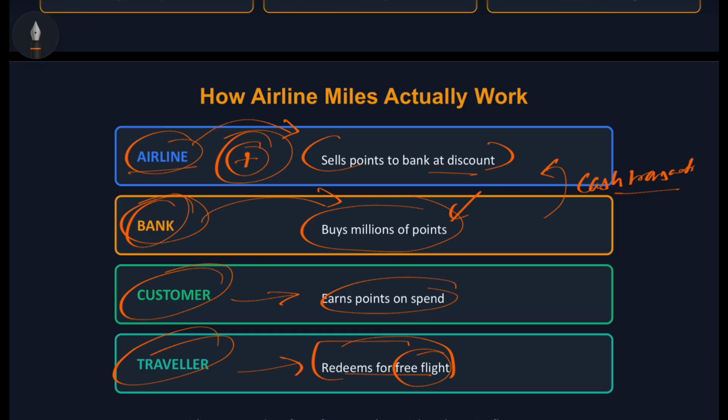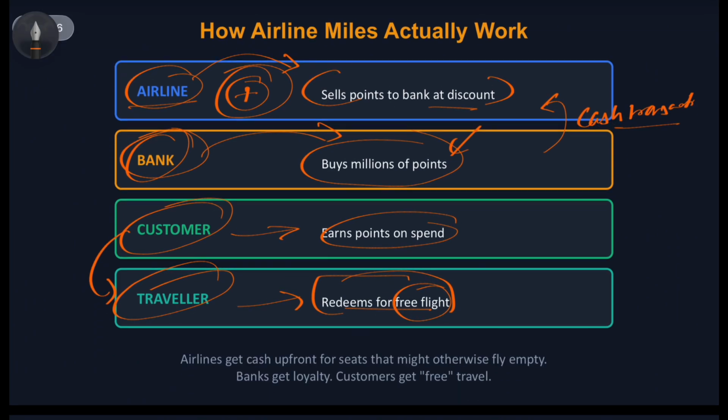So the customer who eventually became the traveler is getting that flight for free. But neither the aviation company nor the bank is losing. And neither is the customer losing.